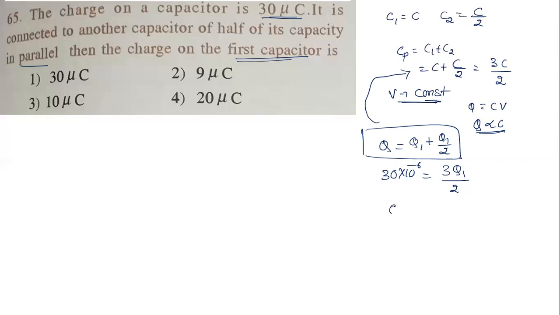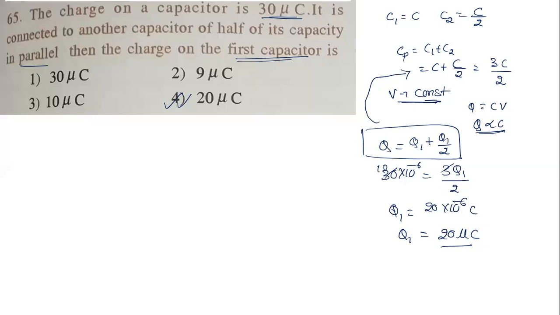Now we get Q1. The 10 power minus 6 cancels, so it will be 20 into 10 power minus 6 coulomb, or 20 microcoulomb, that is Q1. That is the charge on the first capacitor.